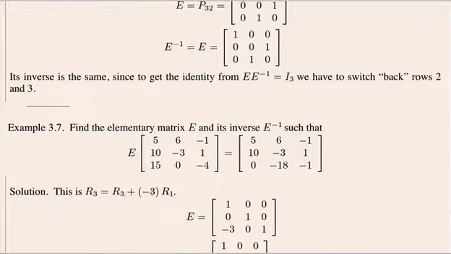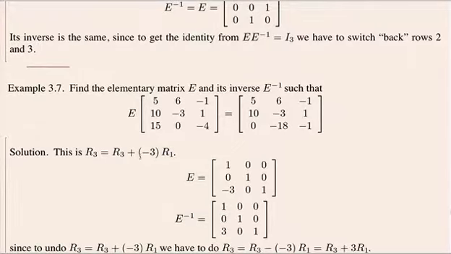So the way it looks is that you start with the identity matrix, and in the 3-1 entry we put minus 3. That will add minus 3 times row 1 to row 3.